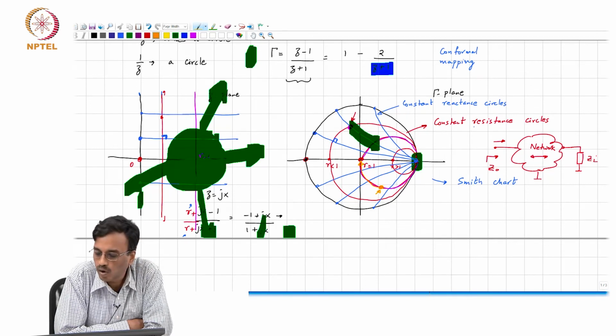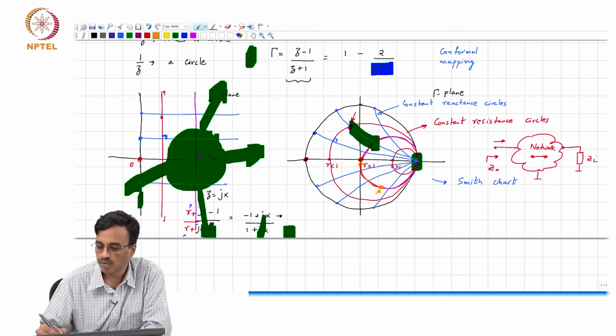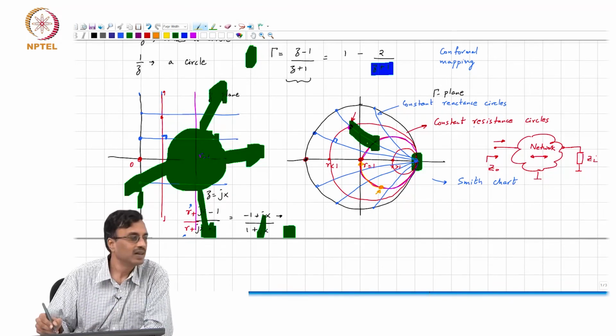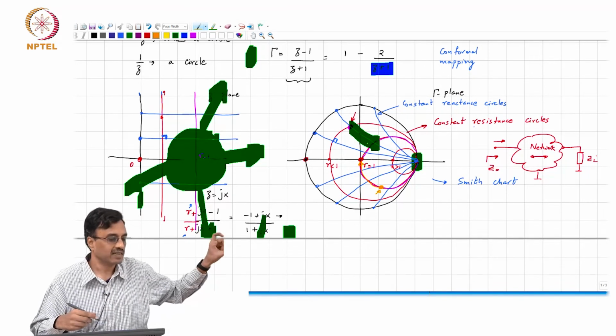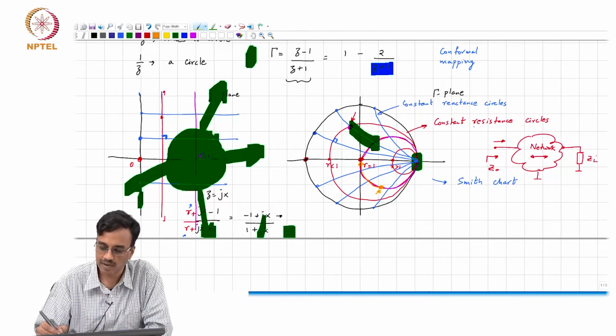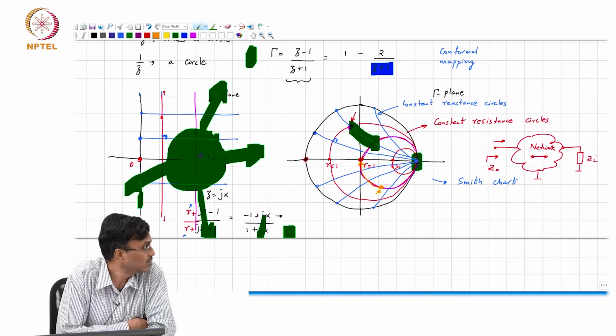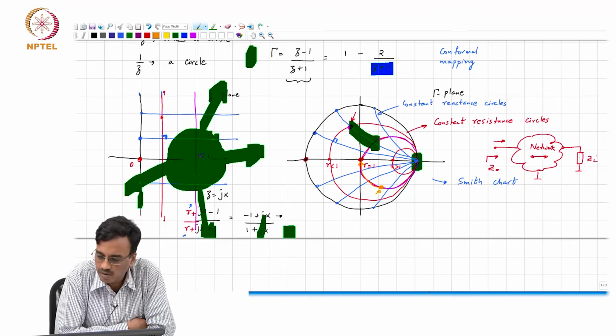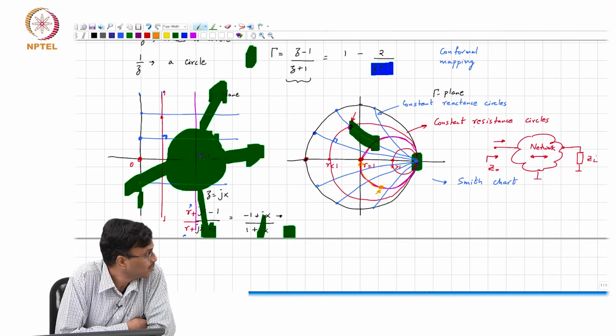If you are not on the circle corresponding to R equal to 1, you can add appropriate elements in shunt and series to get onto this circle, and then eventually add a series element to get back to Z equal to 0. Sorry, gamma equal to 0.